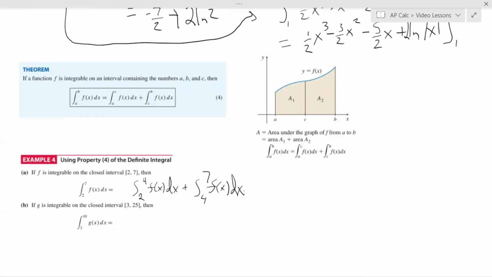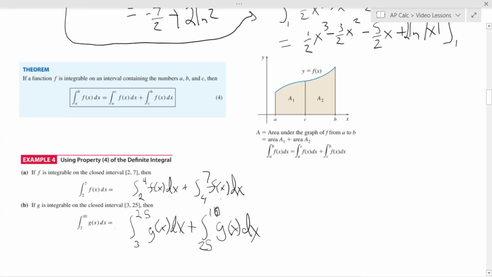Now, if g is integrable on the closed interval 3 to 25, then the integral from 3 to 10, you could rewrite that, or it could come about as the integral from 3 to 25 of g of x dx plus the integral from 25 to 10 of g of x dx.